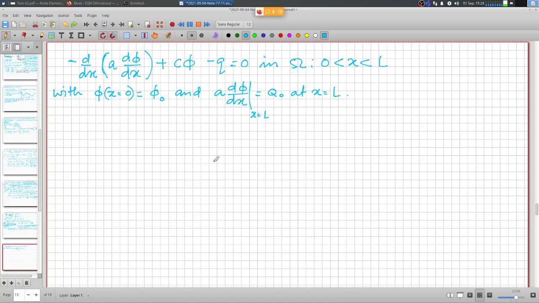Right? So the first thing that needs to be done is identification of primary and secondary variables of the problem.